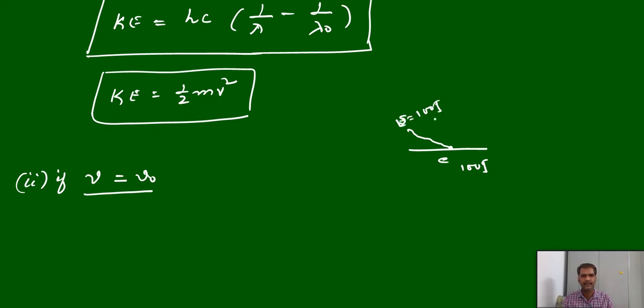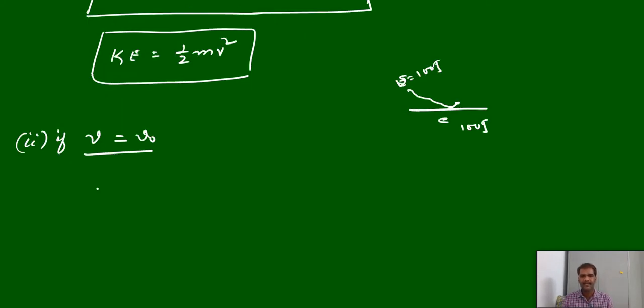You take here energy is 100 joules, the work function also 100 joules. In this case what happens? The electron just ejects. When you supply 100 joules of energy, then the electron can just eject, but there is no further kinetic energy of that electron. Just ejection takes place, means just photoelectric effect can happen. That's it.